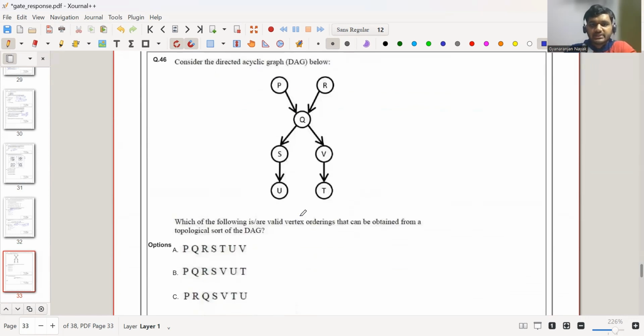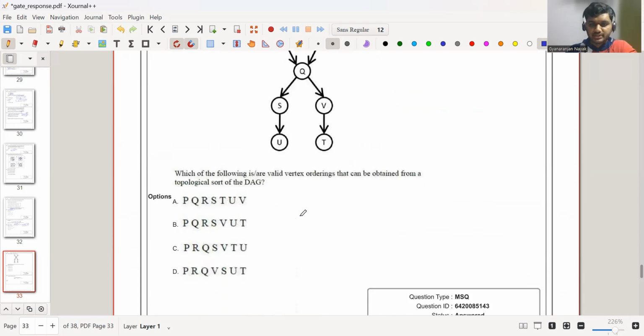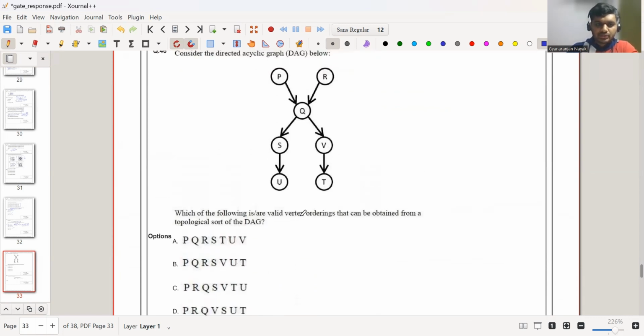Consider the DAG below. Which of the following are valid vertex orderings that can be obtained from a topological sort of the DAG? If you notice, P comes first because P does not depend upon anyone.